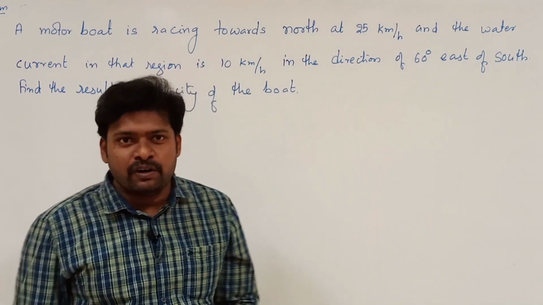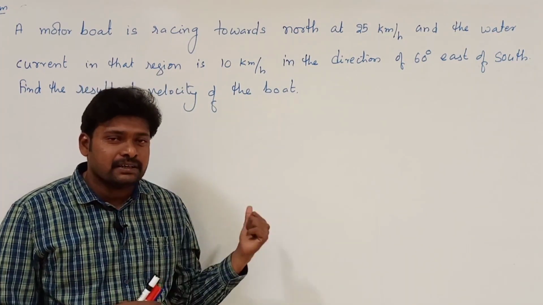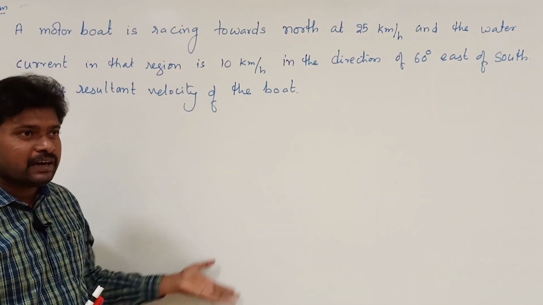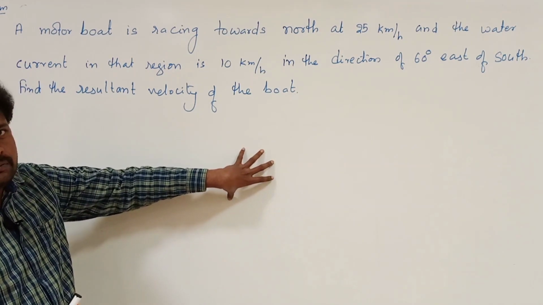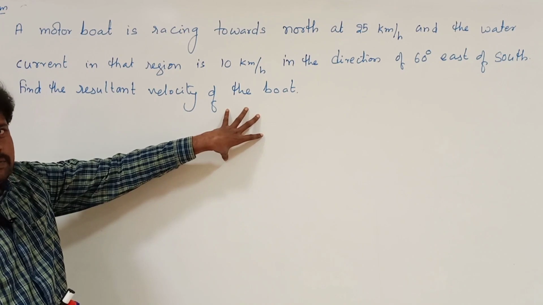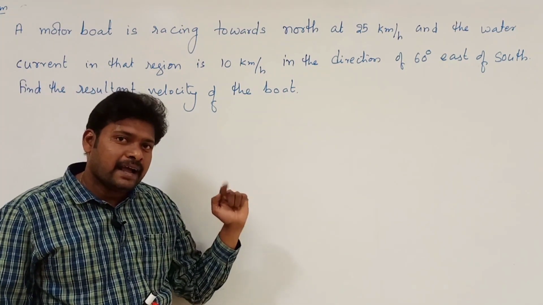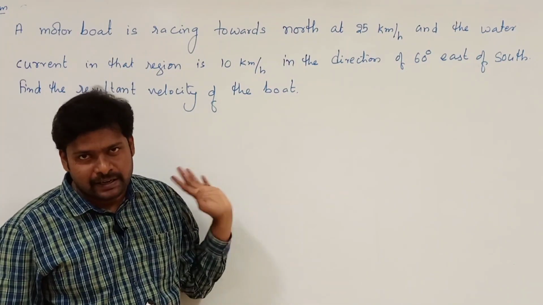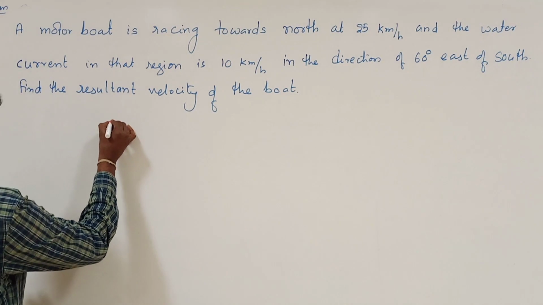In general, in ponds the water is still, not having velocity, but here the current means the water has velocity, moving in a particular direction. So we write the water as one vector and the boat as another vector in another direction. We can find the resultant of those two vectors, as a vector and in terms of magnitude also. For any problem like this, first we draw the diagram, which gives full information to us.